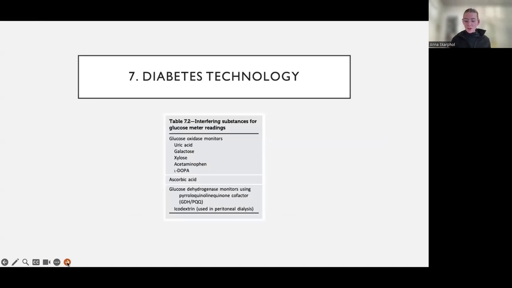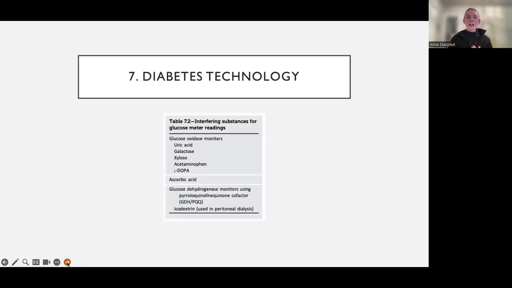Another thing that I just found was interesting, and so I threw it in here. There are some different substances that actually interfere with how the continuous glucose monitors and the glucose meters are able to read. And so really common things like acetaminophen can actually cause the blood glucose readings to be inaccurate.